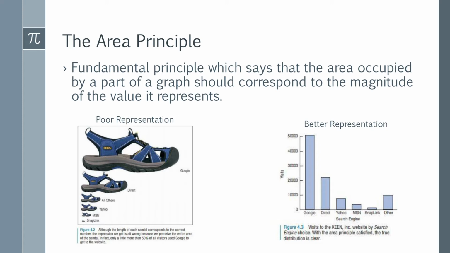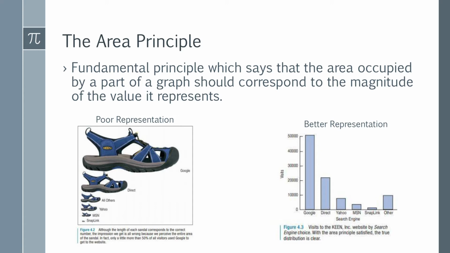But what this doesn't tell us is how many visitors are coming from Google, and how many more are coming from Google than direct or any of the other traffic sources. The Google shoe is very disproportionate in size to the remainder of the shoes. So obviously we can see Google's sending us the most traffic, but how much more? It's a little misleading.